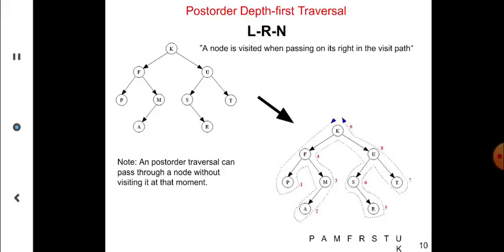Now coming to post-order. In post-order, what happens is left, right, node. That means I start at left and then I finish at node. Look here again. You start at P, and then you come into A, because this is left again. Then you have node.